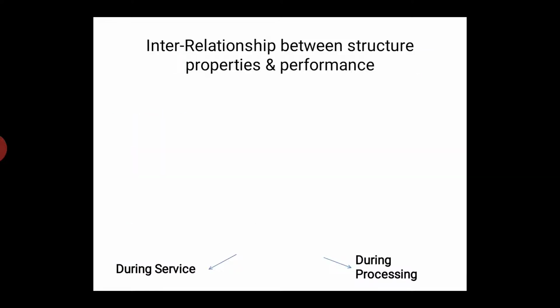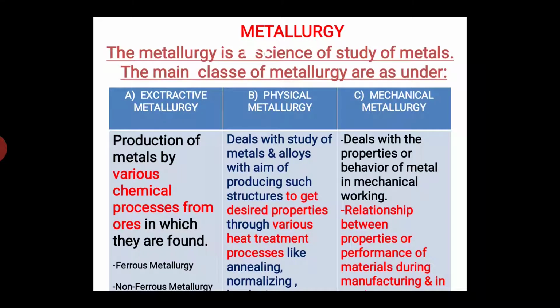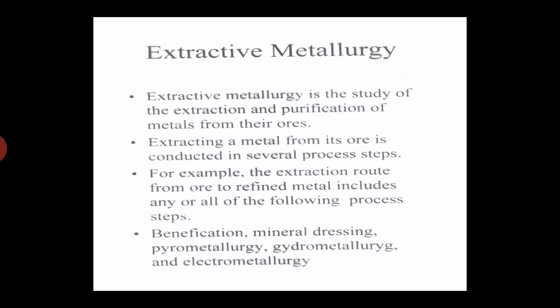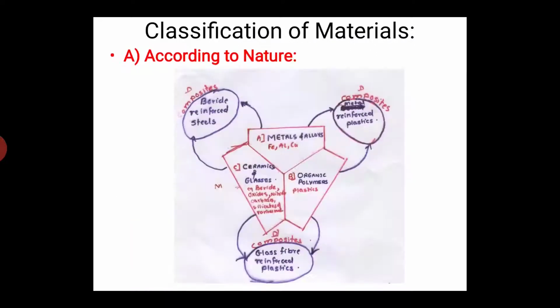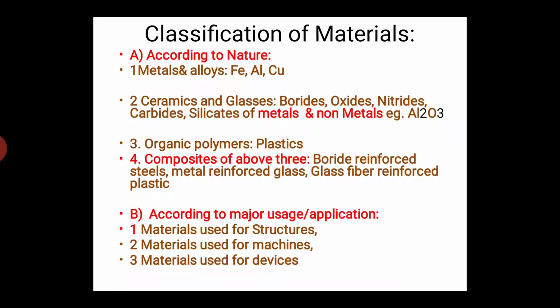Then classification of materials. According to nature, first, metals and alloys. Metals readily give electrons to form a metallic bond and conduct electricity.